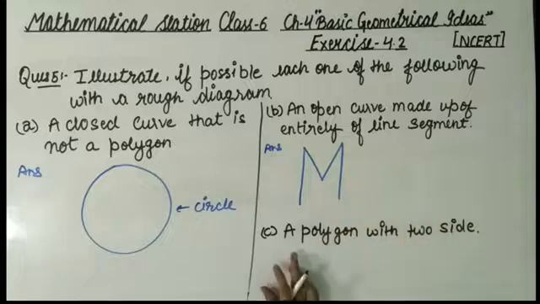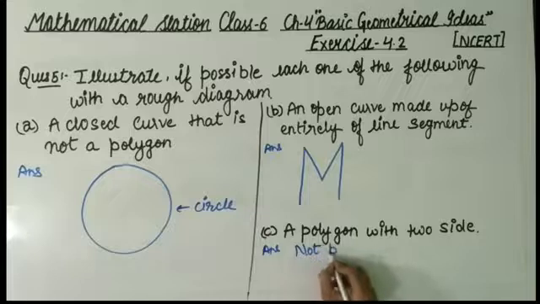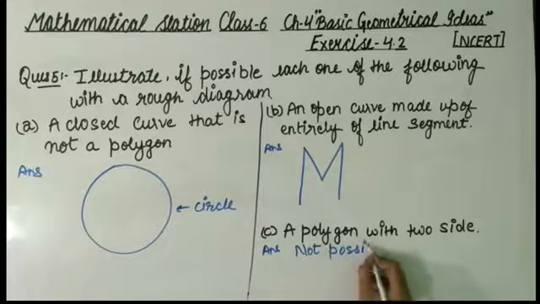Under it is a polygon with two sides. Here we have to draw a polygon of only two sides. Firstly, student, it is not possible to draw such a diagram. So we will write not possible. Why is this not possible?